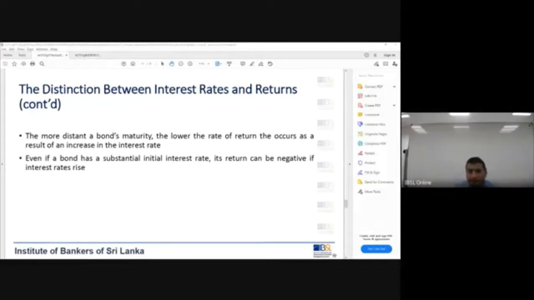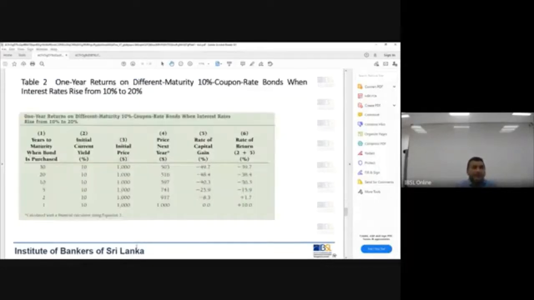Right. So you see this possibility, and at the same time, you can also see, right? We look at the prices of different maturities. As I was explaining to you, the longer the maturity, the more distant the maturity, the impact is greater, right?